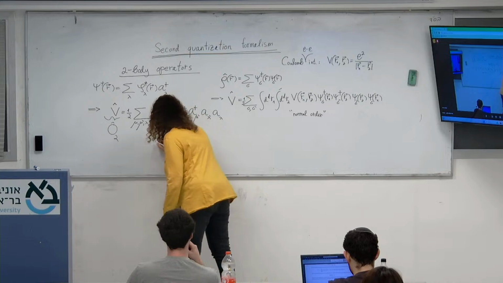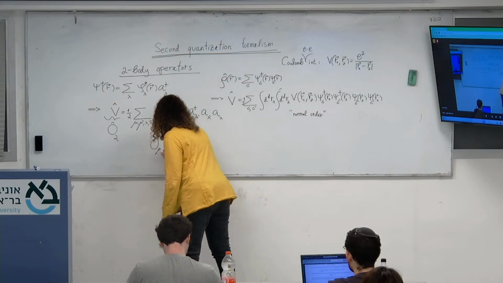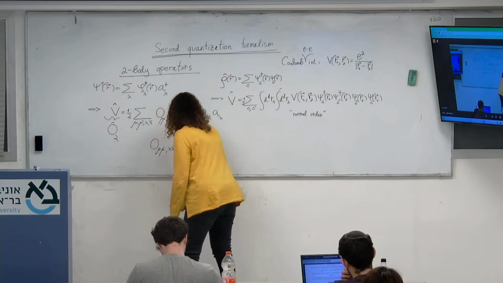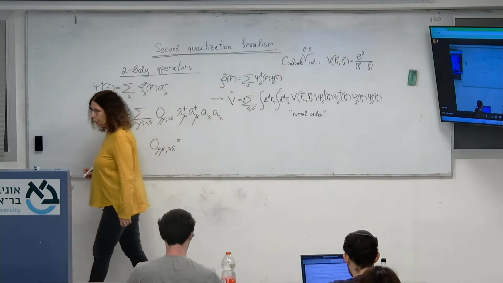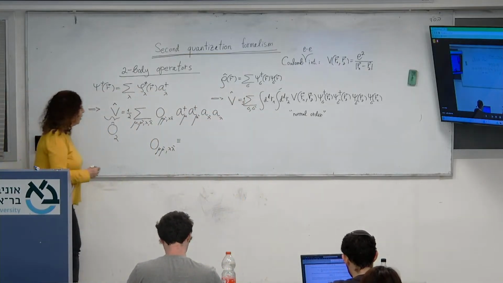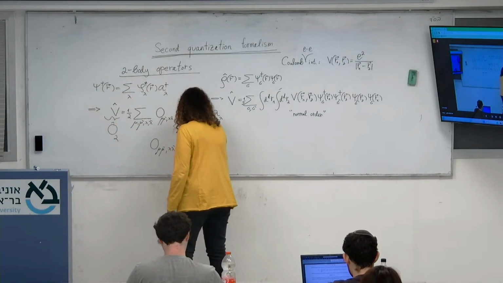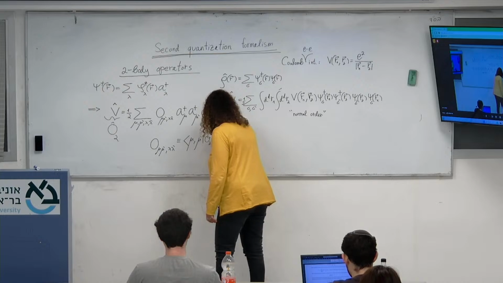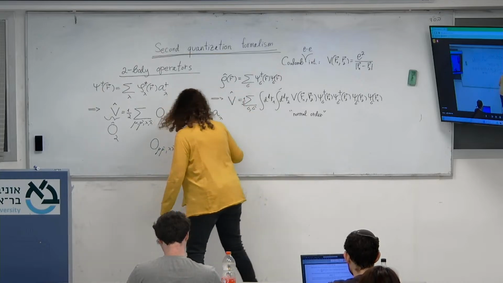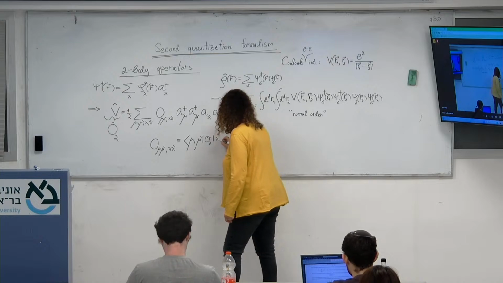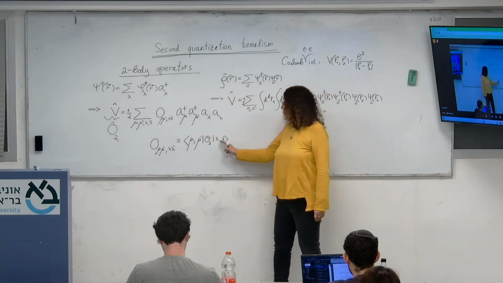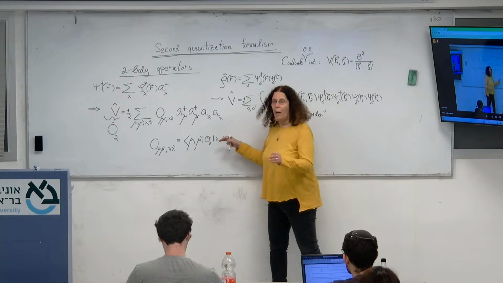Now, what is the matrix element? O mu mu prime lambda lambda prime. Here I'm writing a definition. So it is, if I'm using a bracket notation, it's a matrix element between two particle states.